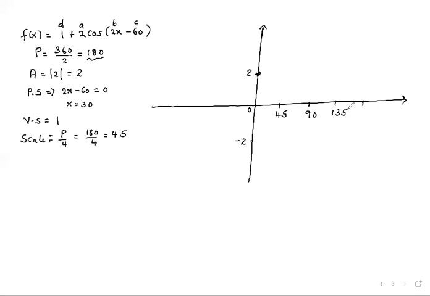From 135 to 45, that is 180. So this is the normal graph now. We haven't talked of the shifts here. And then you sketch the normal one.